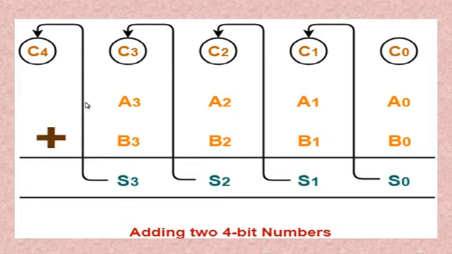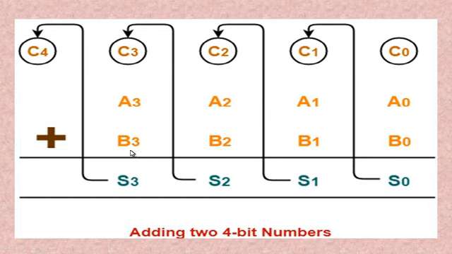For addition of these two 4-bit binary numbers, the first number, that is the augend, is represented by four different abbreviations with letters, that are A3, A2, A1, A0.